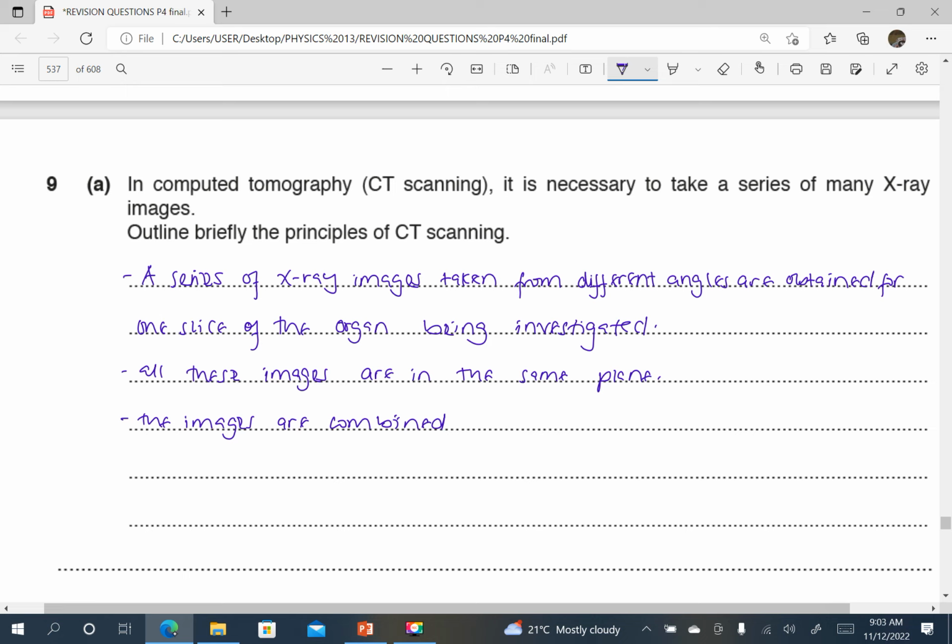The images are combined to give a complete two-dimensional image of the slice. So all the images of one slice are combined to give a complete two-dimensional image of that particular slice. Then more slices are imaged similarly.